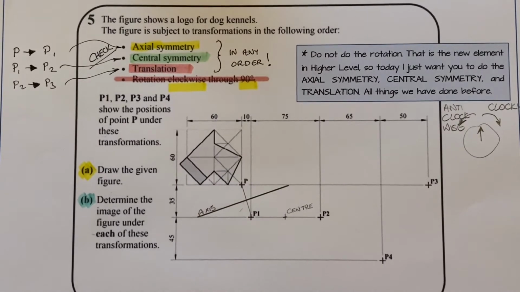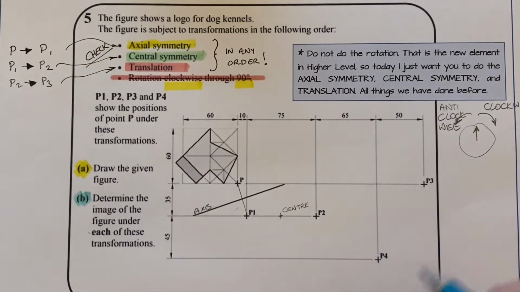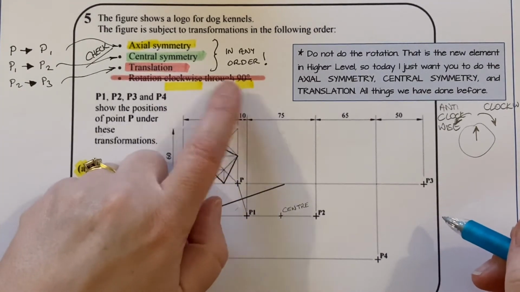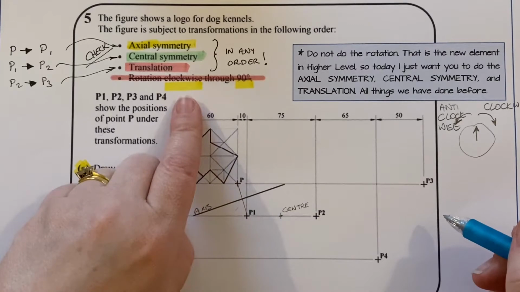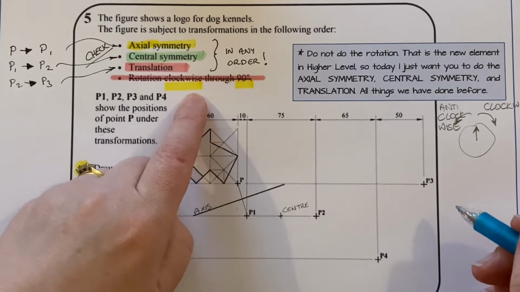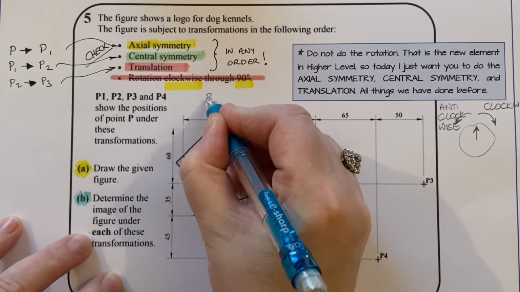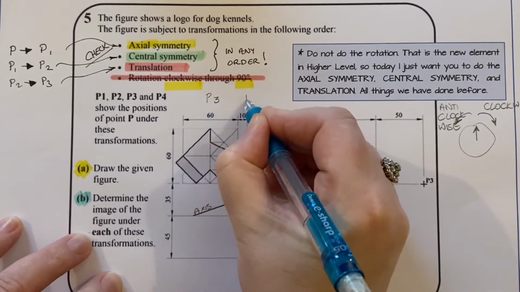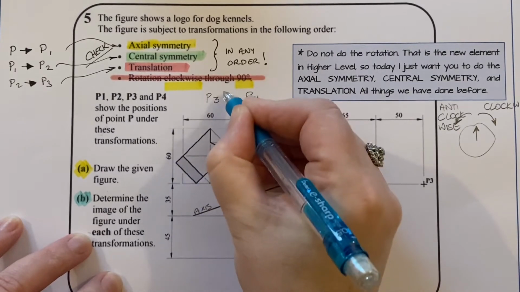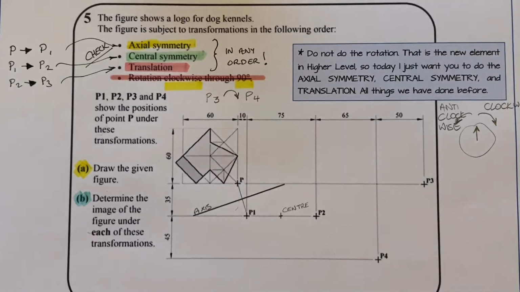Okay, now what that means then, and this is how I want you to apply this information every time, is look at the two parts of information. So clockwise we're dealing with first. We'll worry about 90 degrees in a minute. Clockwise first. That means P3 is going to P4, but it must go in a clockwise direction.